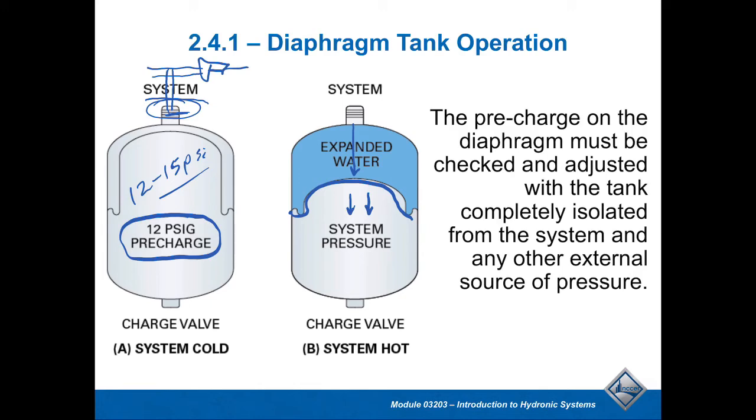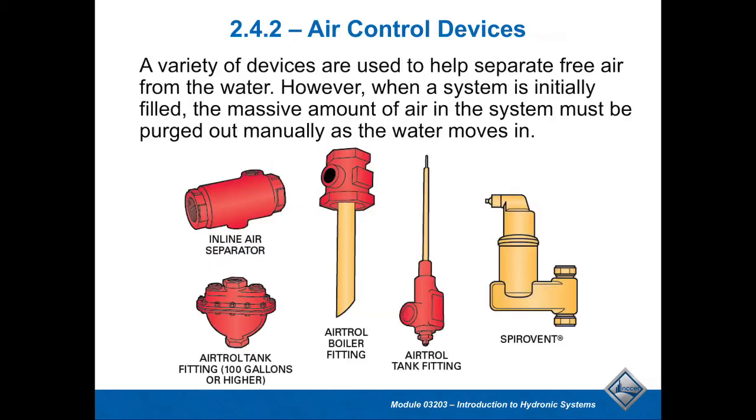It pushes that diaphragm over this way, and it compresses the air in that system. That's typically what ends up happening in most of these. The beauty of this is there's generally less waterlogging, where we don't typically lose that air, but it does happen.